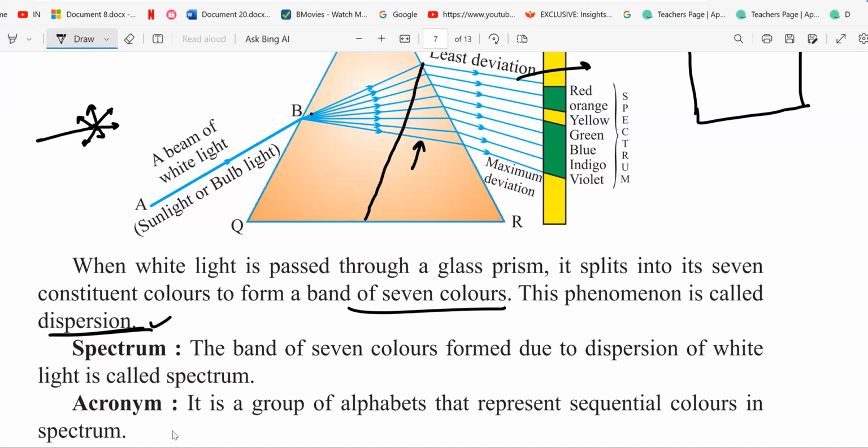So they are separated because of the unequal distance traveled. Okay, got it? Yes, sir. So now you understood.